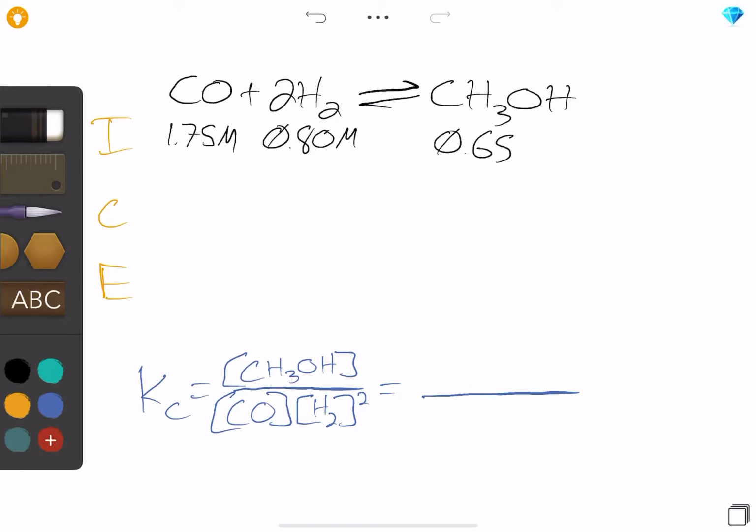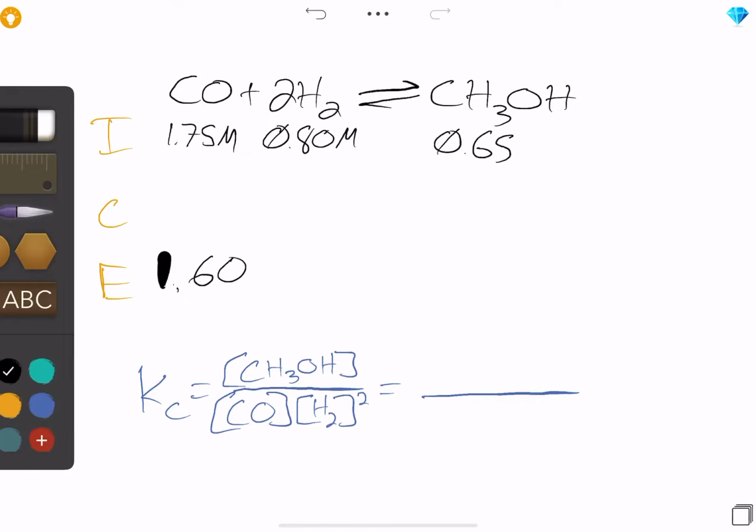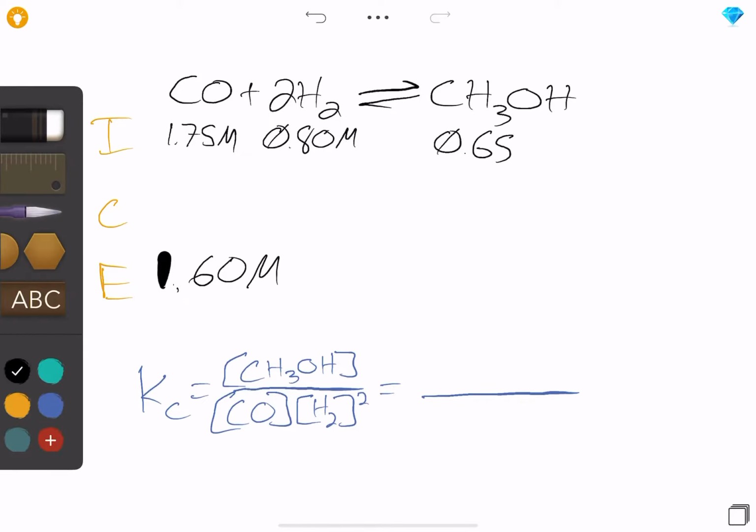It says once we let the reaction proceed towards equilibrium, we find that the ending concentration of carbon monoxide is 1.60 molar. Okay.